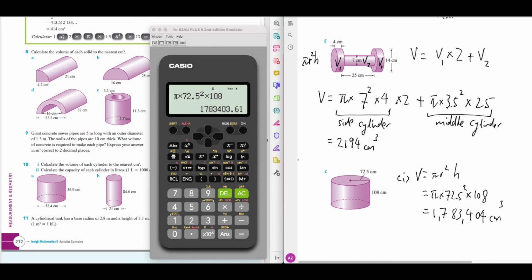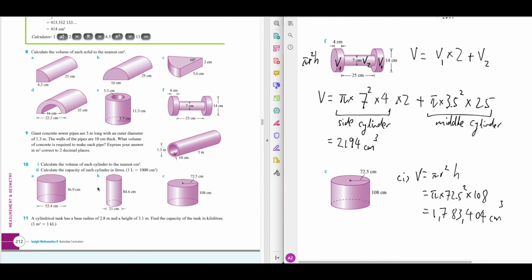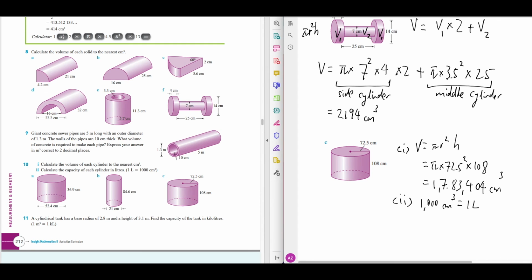Now the next question says calculate the capacity. So you have to convert this into liters, because 1 liter is equal to 1,000 centimeter cubed. So how many liters is this? You just have to divide this by 1,000. You can use your calculator, and what you should get is 1783 liters.